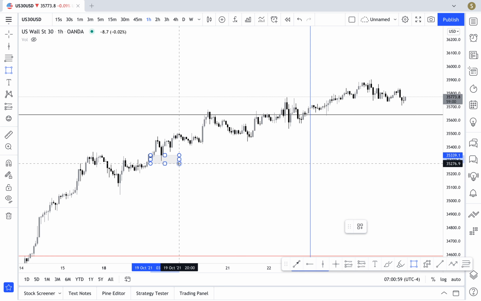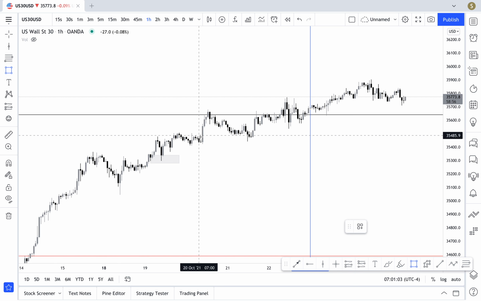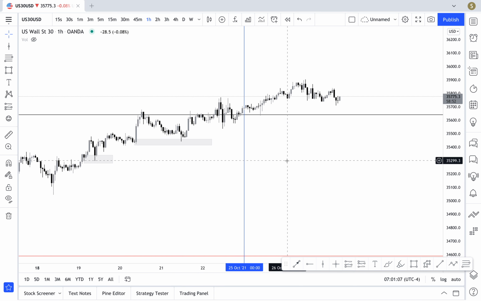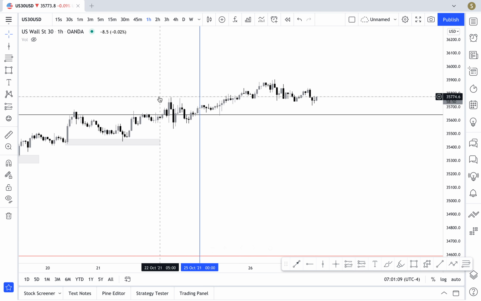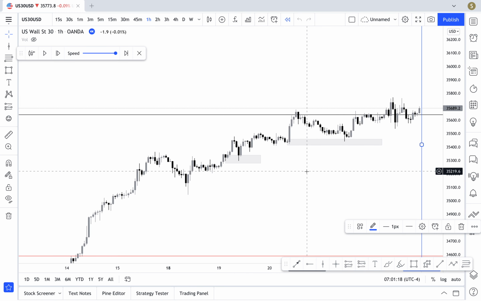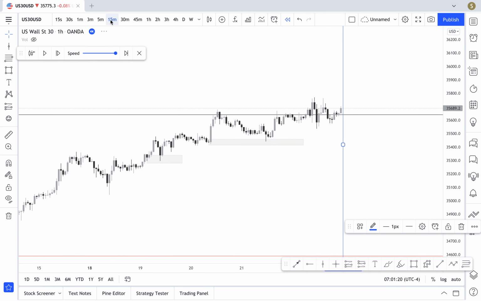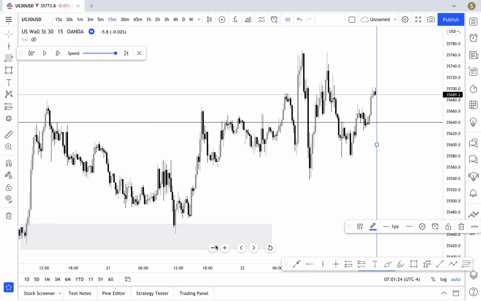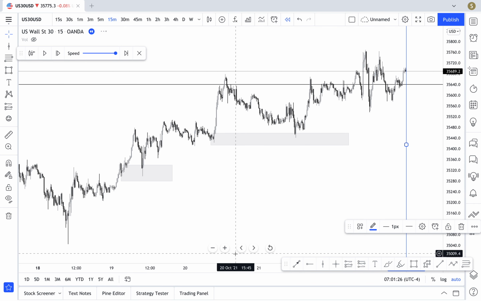Let's say from here, they return back to come and buy. Again from here, they created another liquidity, they come back and buy. But the major one I want to see, let me cut it from here first. Okay, so the major one I want to see, this was, I think, Friday, if I'm not mistaken. This was Friday.